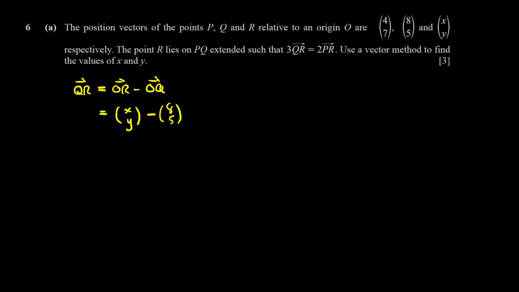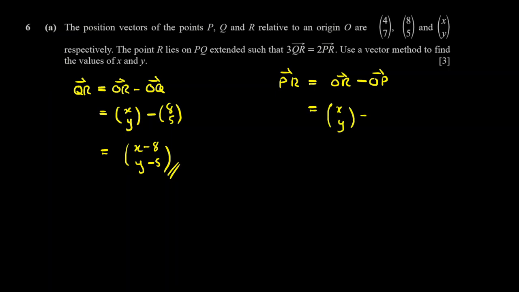That means this vector is (x minus 8, y minus 5). Now we can do a similar thing for the vector PR. PR is the same thing as OR minus OP, and again, OR is the vector (x, y).